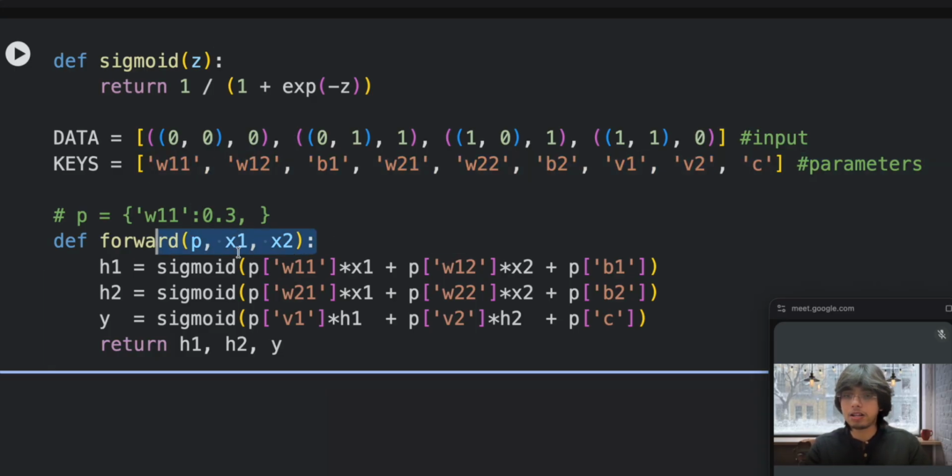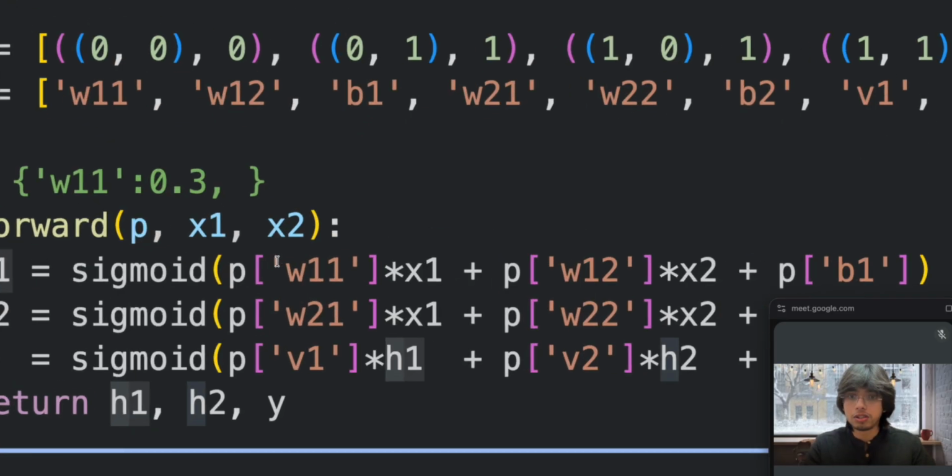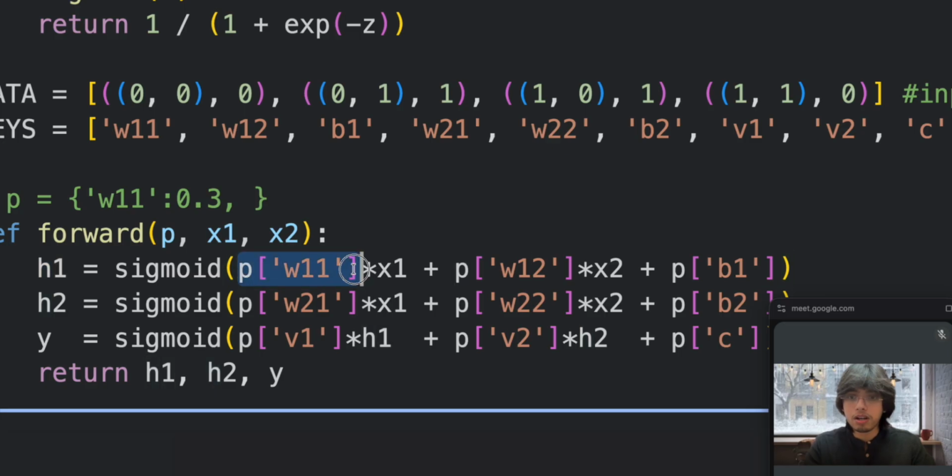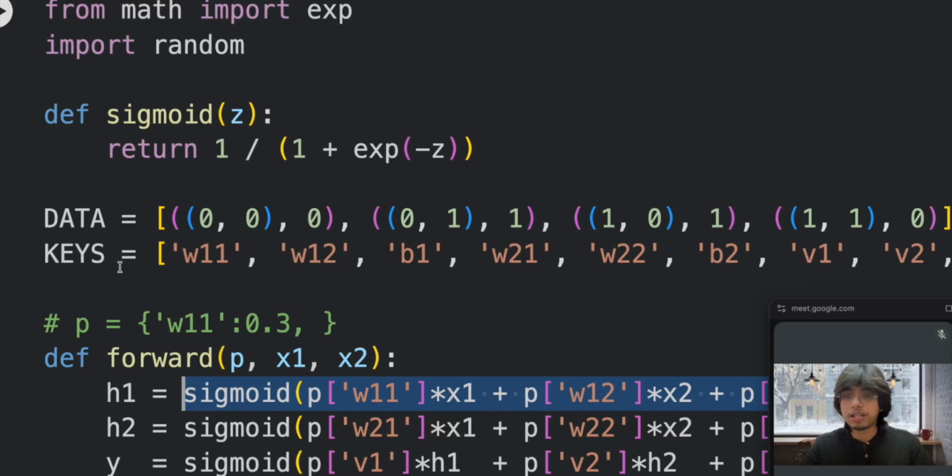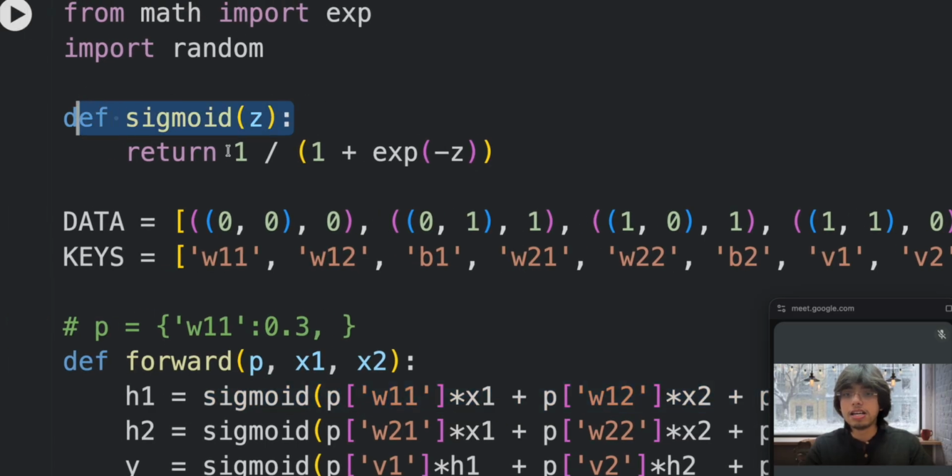So this is P. Now let's calculate H1. For H1, we multiply the weight and the input, add the bias, and put this whole value inside a sigmoid function. As you can see, the sigmoid function is already defined here. It is 1 over 1 plus e raised to negative z.